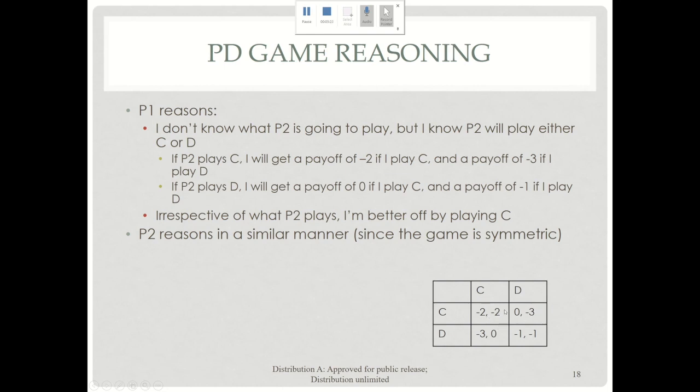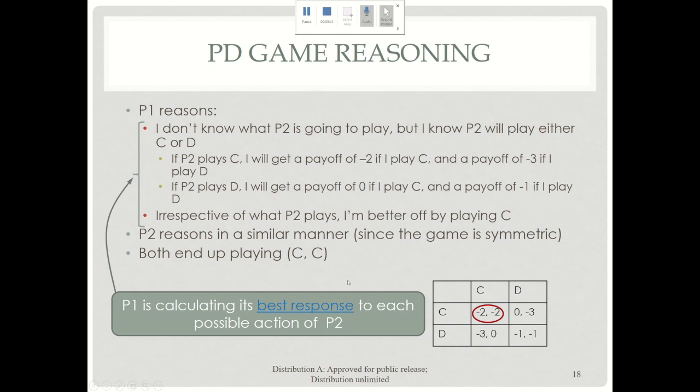Clearly playing C when player 1 is playing C. So that's why player 2 reasons, when player 1 is playing C, I'm better off playing C also. And likewise, when player 1 is playing D, it's better off playing C. Okay, so this gives us both players end up playing C, C.